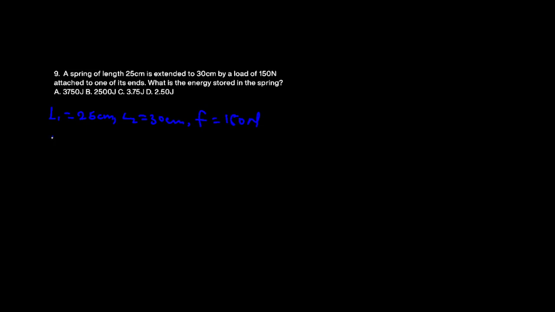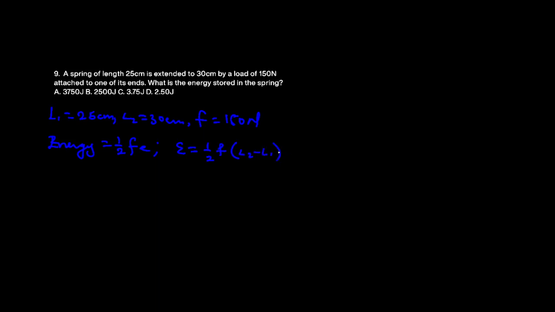So the energy stored in a string or an elastic material is given as 1 over 2 Fe. So I'm going to have that the energy E is equal to 1 over 2 F into bracket L2 minus L1.